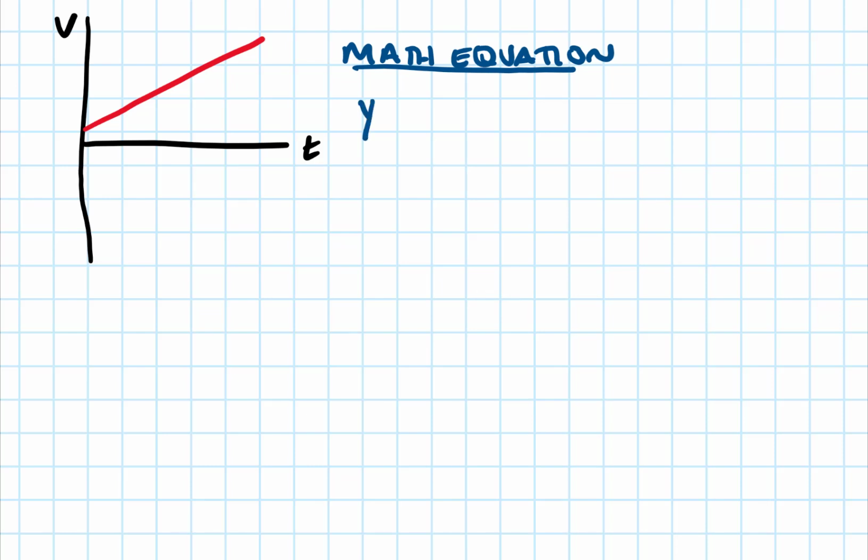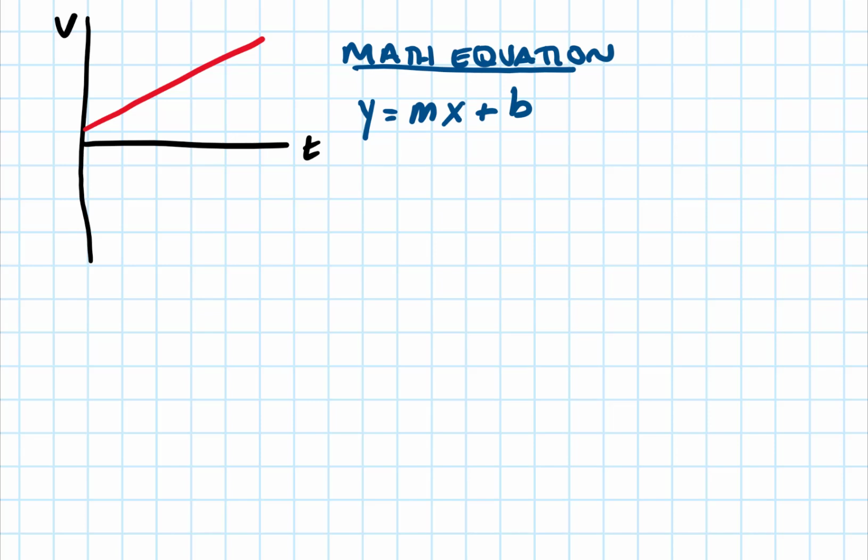Our math equation that we describe a straight line with is y equals mx plus b. That's the slope-intercept formula. That works for any straight line. Y is the y value, x is the x value, m is the slope, and b is the y-intercept. We're very familiar with that.